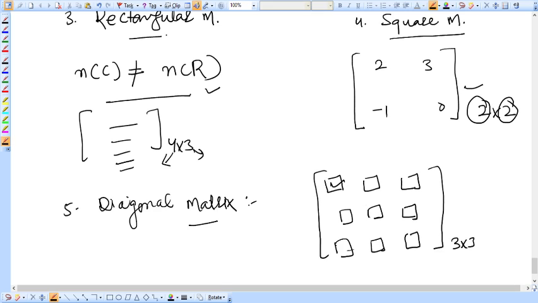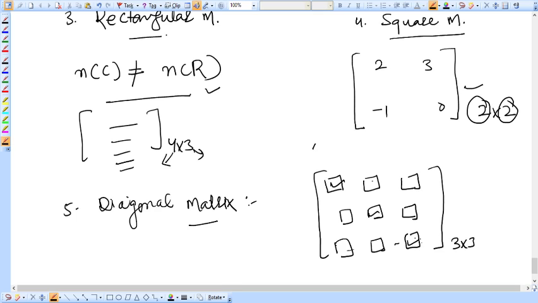These three diagonal entries in this square matrix are known as the diagonal elements. In a diagonal matrix all the elements except the diagonal elements are 0.